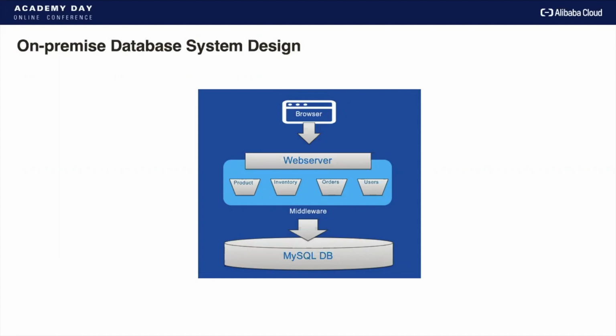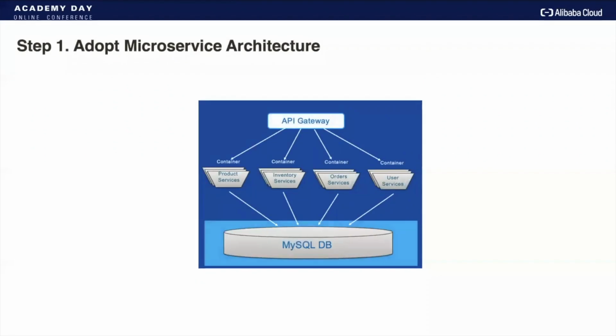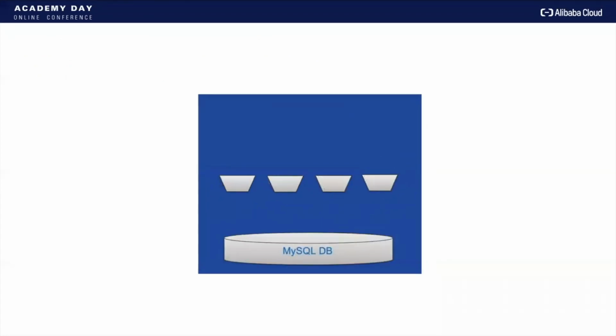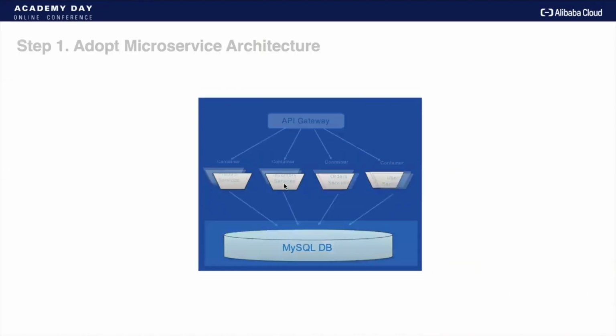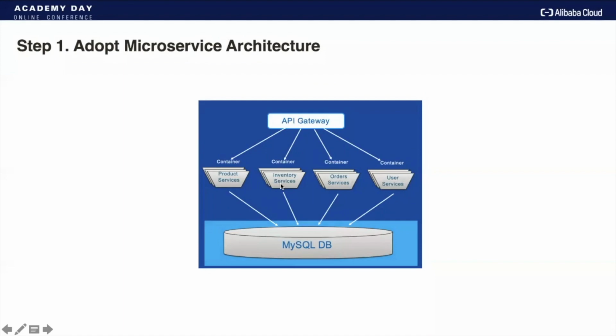Because of that, the first recommendation proposed by the database architect team was to adopt a microservice architecture to split your services, to split your processes. Instead of running all 4 processes in the same web server, they recommended using a containerized deployment.